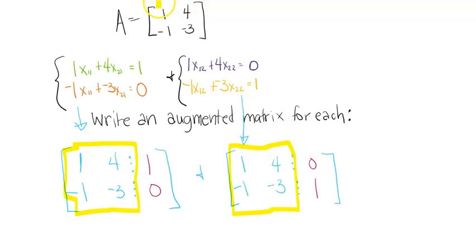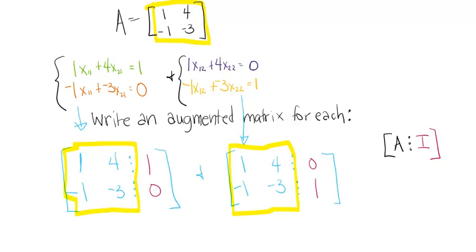Which is actually matrix A. So instead of going through and putting all my X's and doing two separate systems and solving them separately, I can create a doubly augmented matrix with A and the identity matrix, I, here, and use my row operations and solve for everything at once.